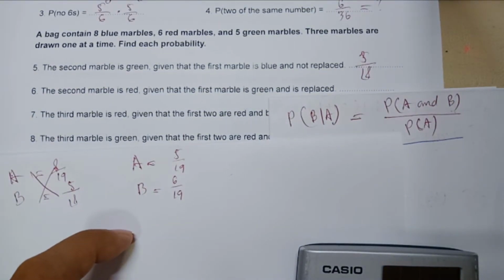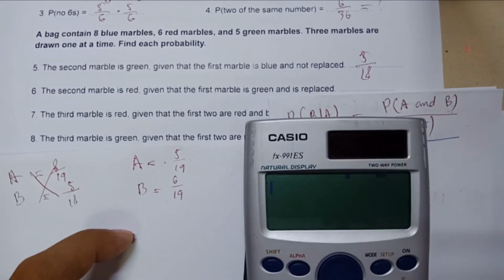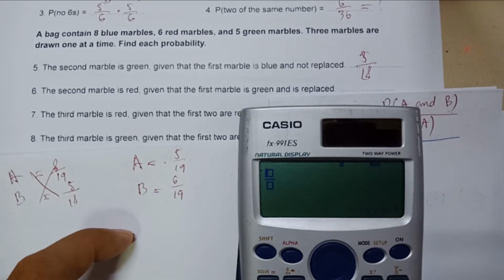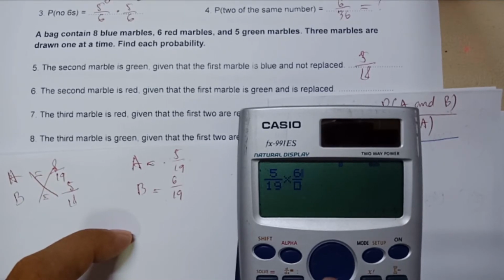So to do the work, formula: event A multiplied by event B, and then you divide by event A. So you just simply do the multiplying of fractions, multiply by 6 over 19, and then you divide by 5 over 19.